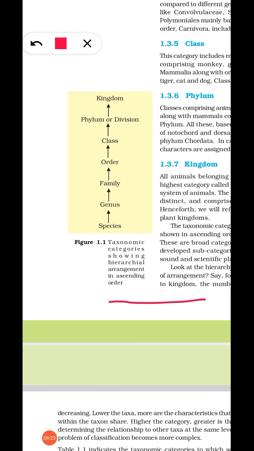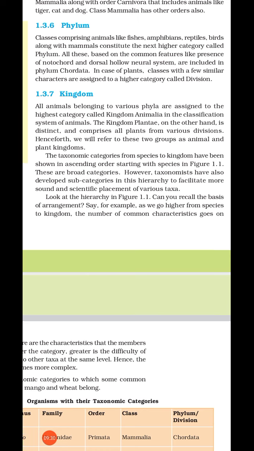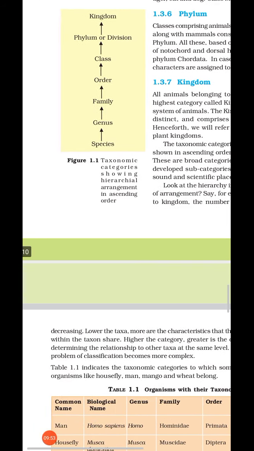Understood? And you can see that in this hierarchy of classification, these are the broad categories, and taxonomists, for their convenience, have developed subcategories to accommodate more organisms and to make it more convenient. One thing you can see is that the number of common characters goes on decreasing as we go from lower level to higher.